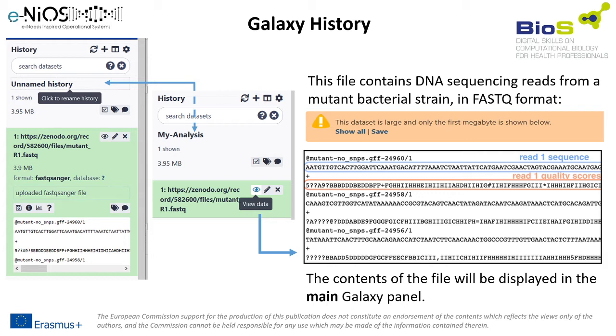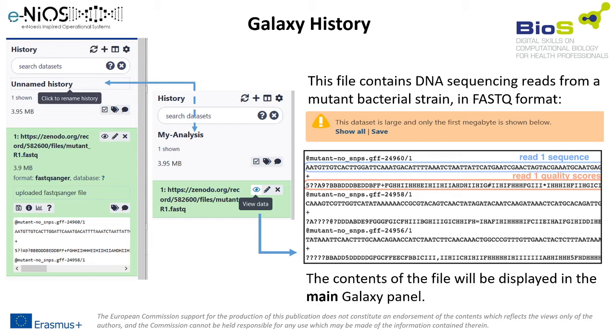All files you upload will appear in your history panel on the right of the Galaxy user interface. There are three buttons on each dataset in your history. The eye icon next to the file name lets you look at the file content as a preview.